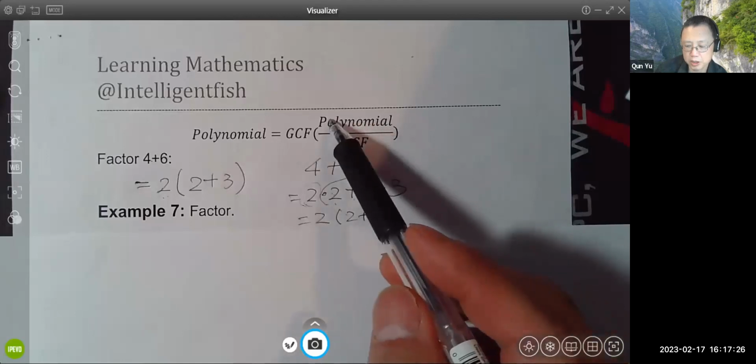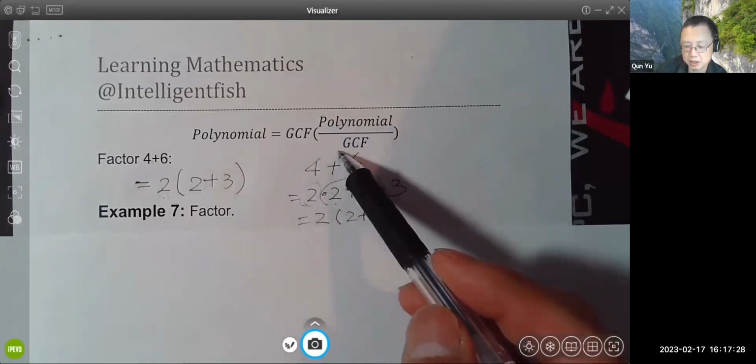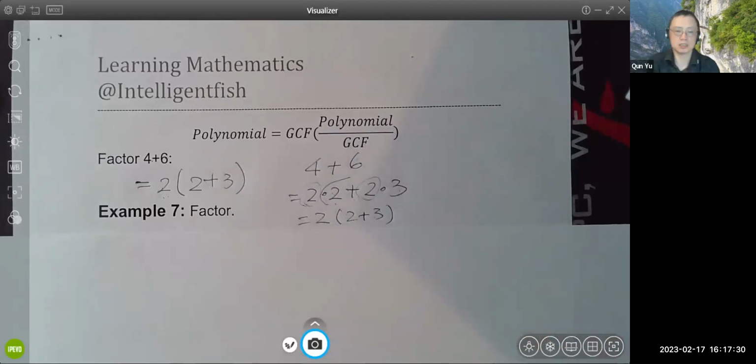That's why we use the original polynomial divided by the greatest common factor to get the expression inside the parentheses. So 2-step procedure: find out the greatest common factor, then use the polynomial divided by the greatest common factor and put the result inside the parentheses.